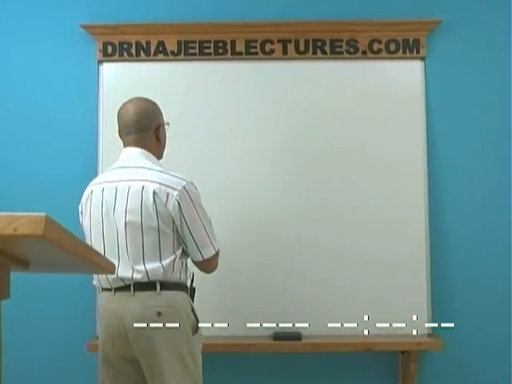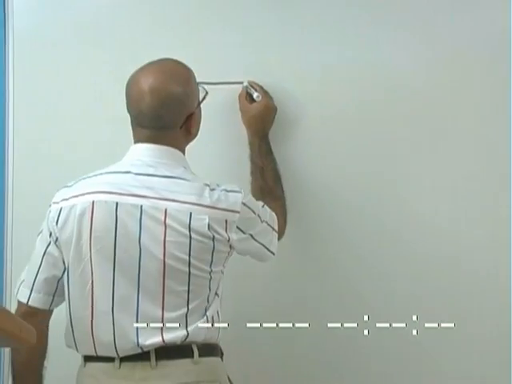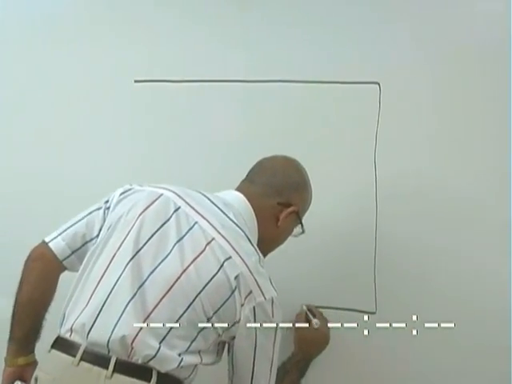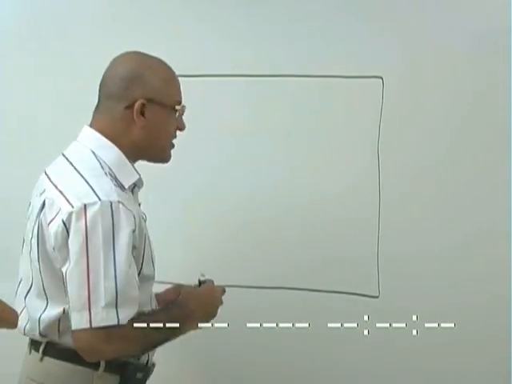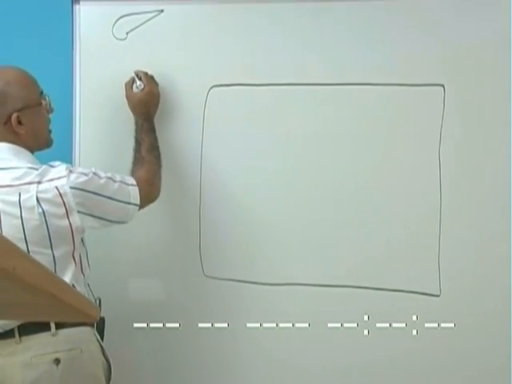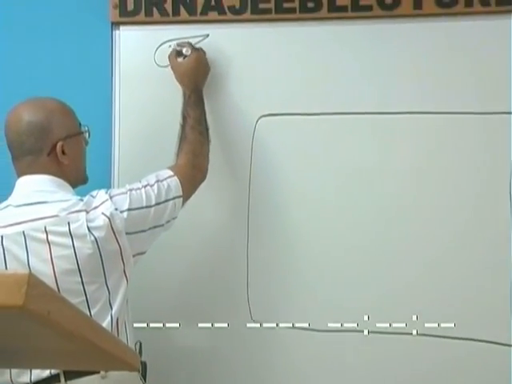Let me draw a big beta cell. Let's suppose this is a beta cell of pancreas. Here is the pancreas, and you must be remembering from the previous lecture, in the pancreas there are a lot of islets of Langerhans, usually 1 million to 2 million.